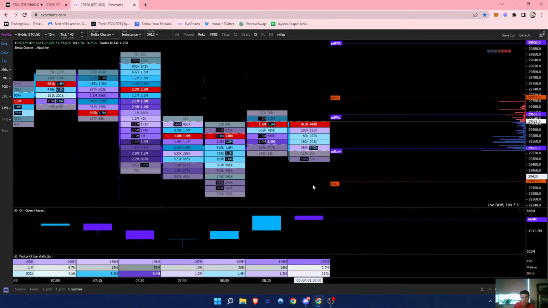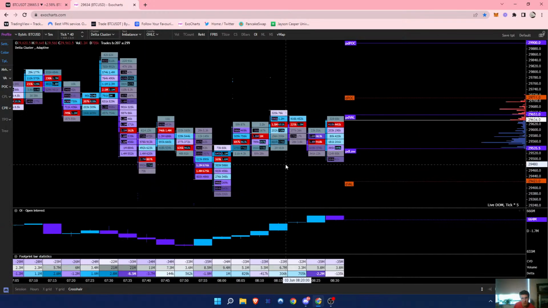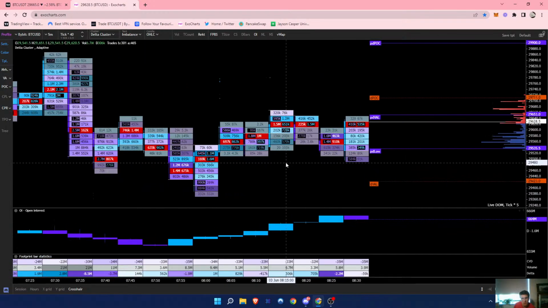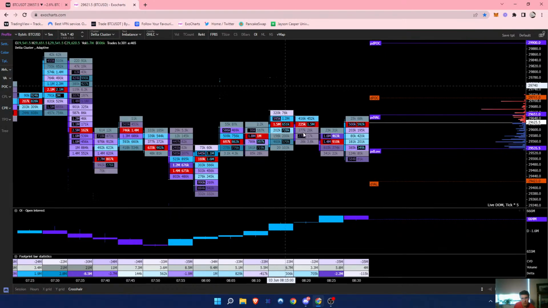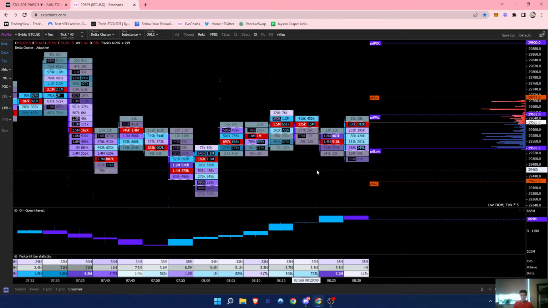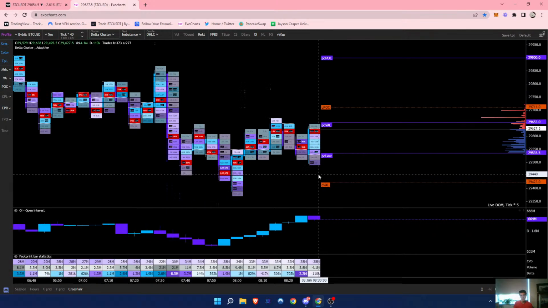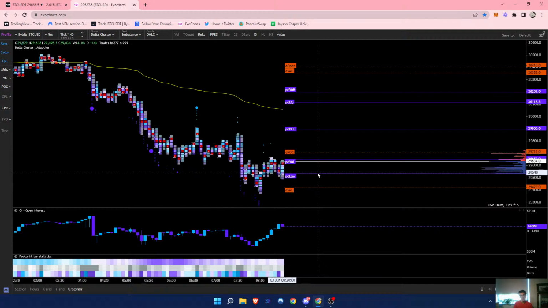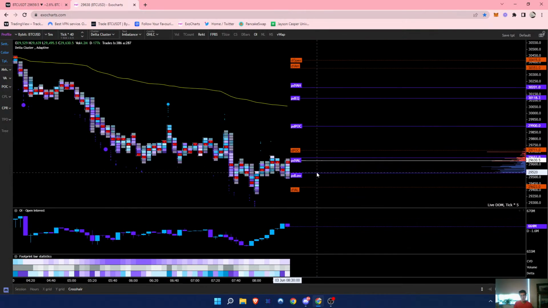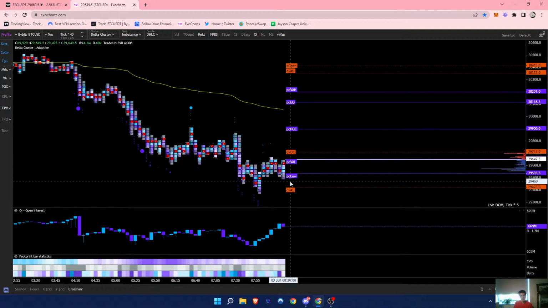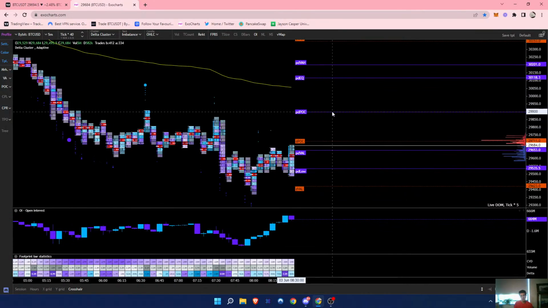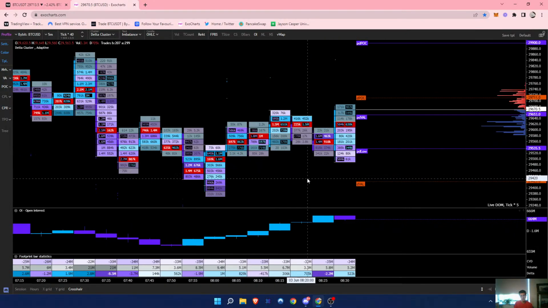So dropping down to the 5-minute on order flow here. Might be a possibility we get a relief rally up to the previous day point of control and then reject off of that.